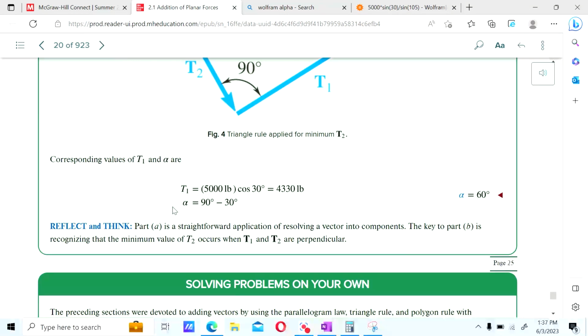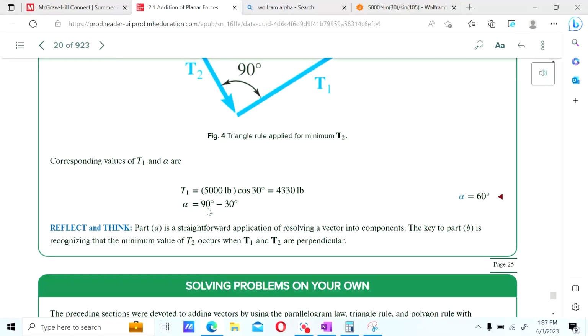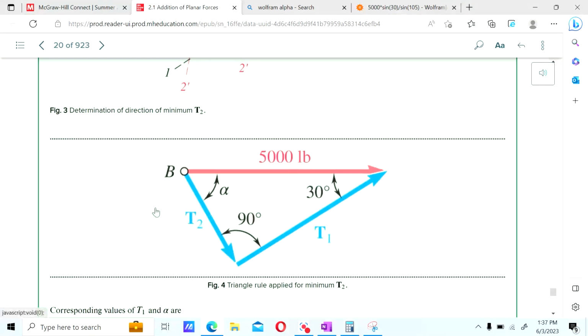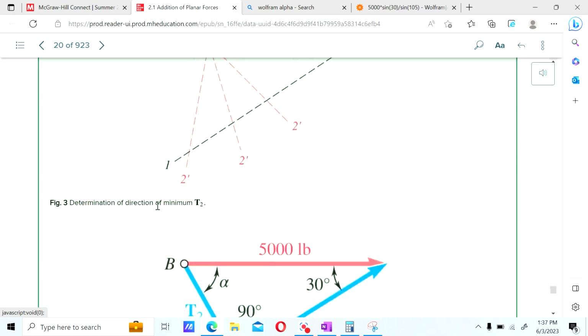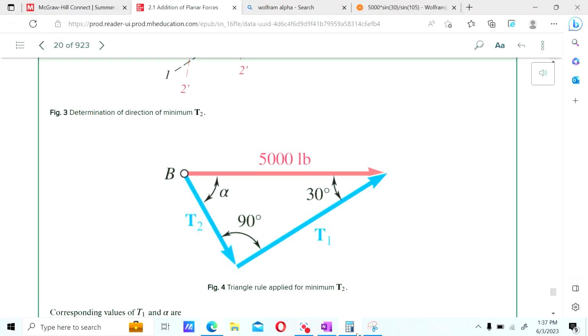So if we have 60, that will give us a solution that we can compute with alpha equals 60. If you notice, the minimum amount of force that we can have is when T1 and T2 have a value of 90 degrees. What does that mean?